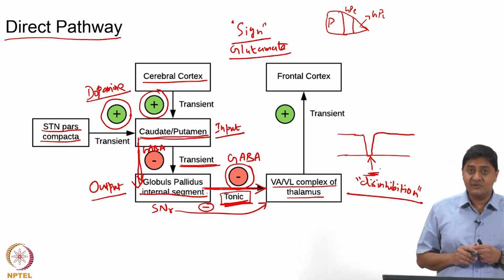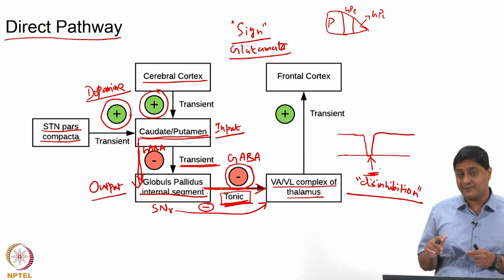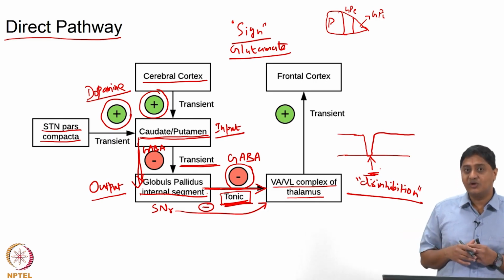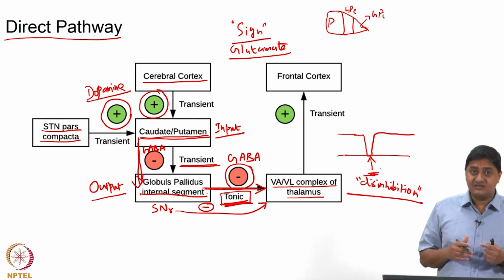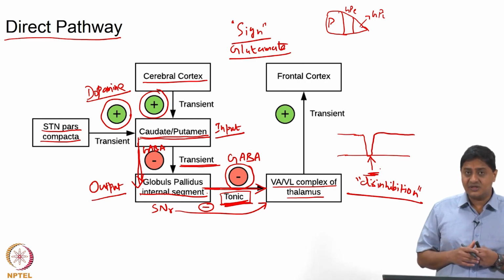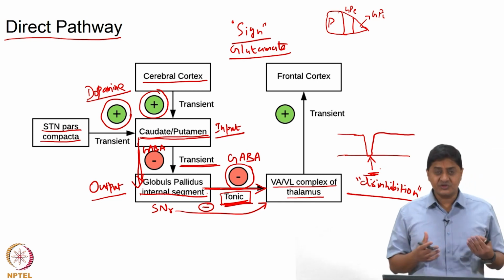This inhibition is caused by inputs coming directly from the striatum to GPI. That means it does not go through the internal circuitry, the GPE, it directly goes to the output structure GPI, right. Whereas the striatal neurons themselves are excited by two possible sources from the cortex.